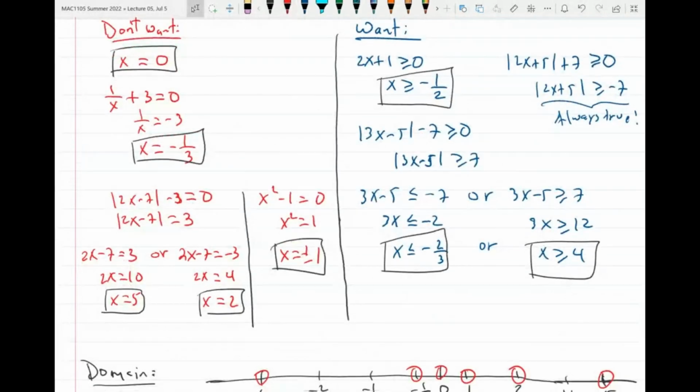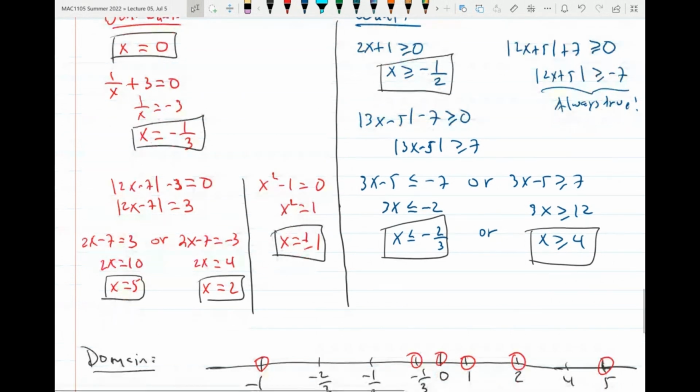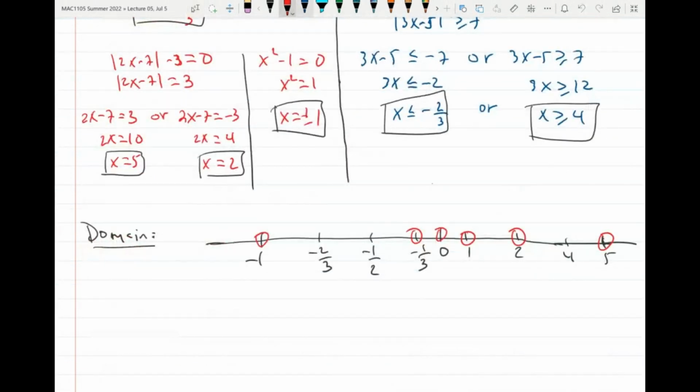Now let's go to the blue information. So this one is telling me that x has to be greater than or equal to -1/2. So that means this to the right.